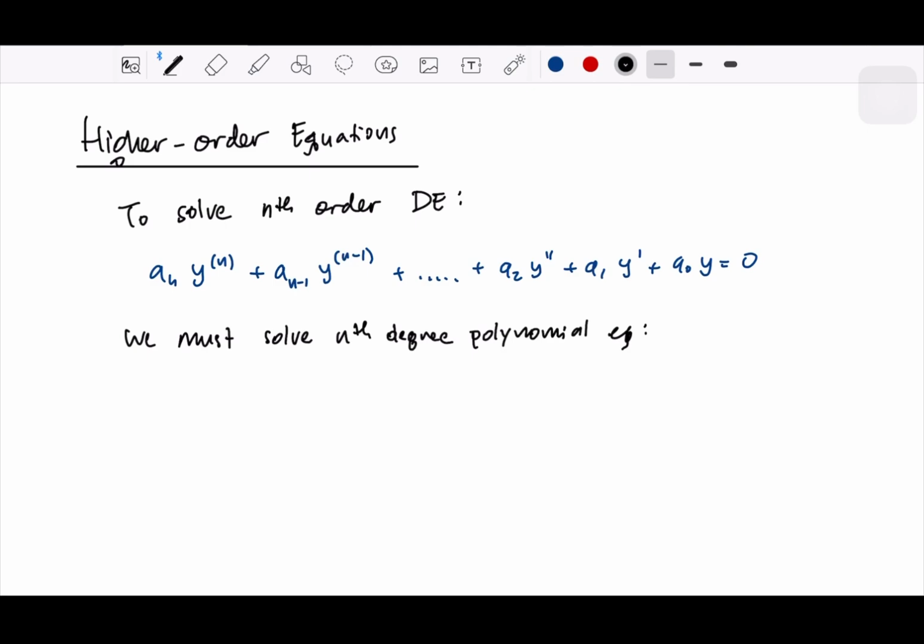So we can exchange the order with m, and the auxiliary equation becomes long. So this is the order, and this is the auxiliary. So we exchange y of order n becomes m with the power of n.